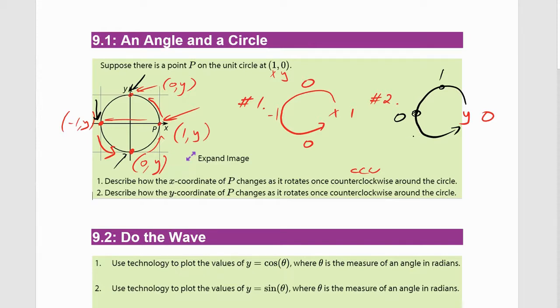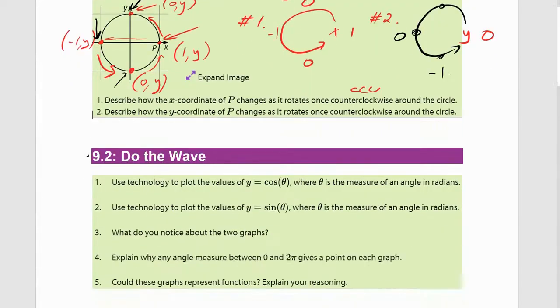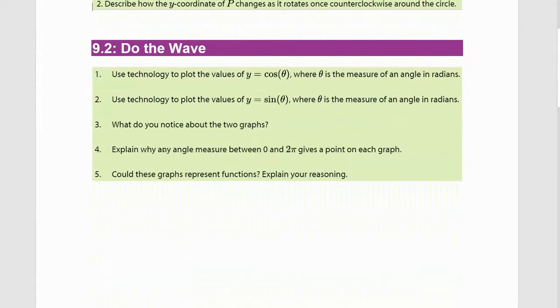And then what about here? You should realize it gets to -1, and then eventually comes back to 0, right? So that's just something you should be noticing as you go around on your values of coordinate P. All right, do the wave.